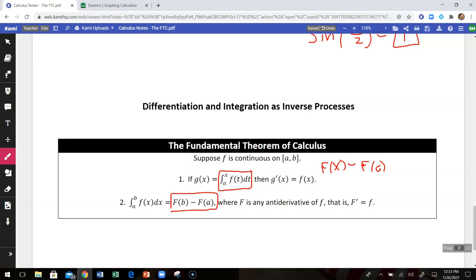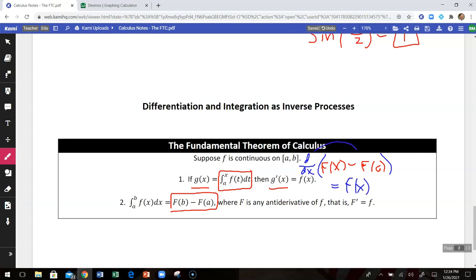Okay. Well, if I were to find g prime, so that's g, right? That g would be my antiderivative. If I were to do g prime, that would be take the derivative of that. What I'm doing is the derivative of the antiderivative, right? So the derivative of the antiderivative evaluated at x would simply just be little f of x.